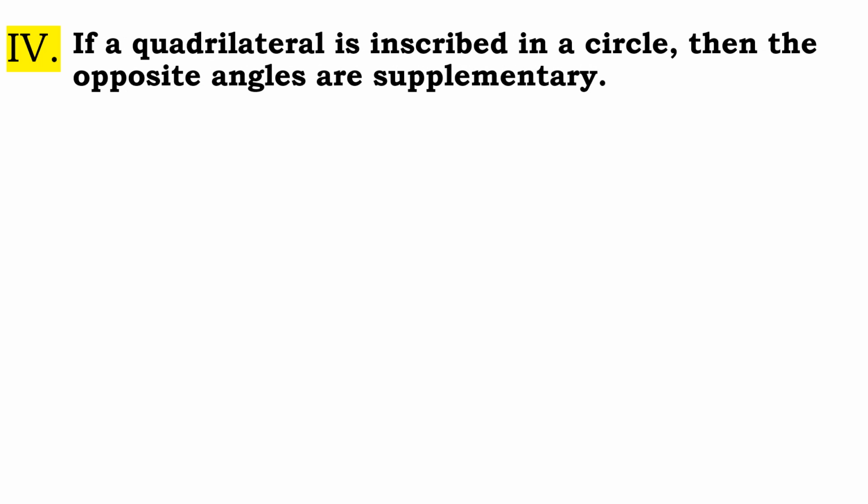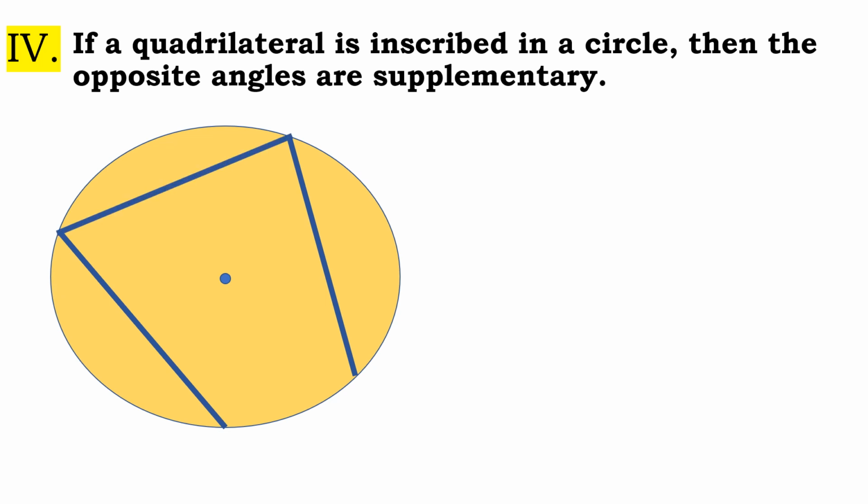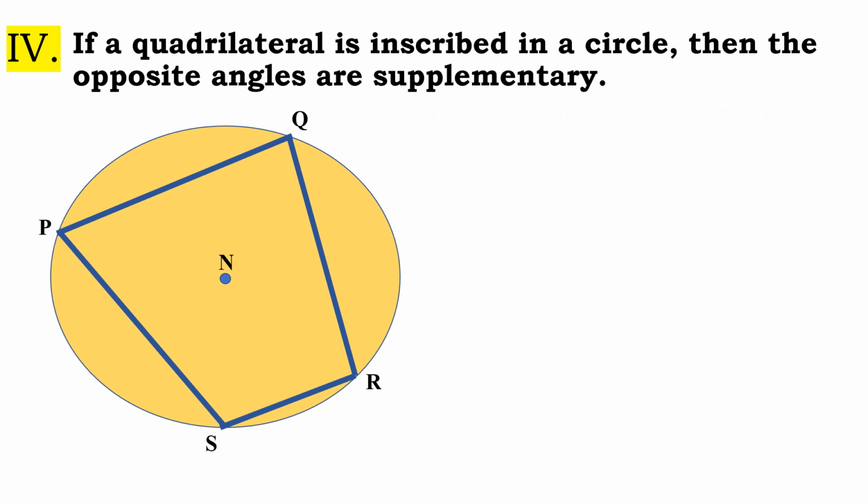If a quadrilateral is inscribed in a circle, then the opposite angles are supplementary. Given in a circle, we have here a quadrilateral inscribed in a circle. Let us name this quadrilateral as quadrilateral PQRS. Quadrilateral PQRS is inscribed in a circle.